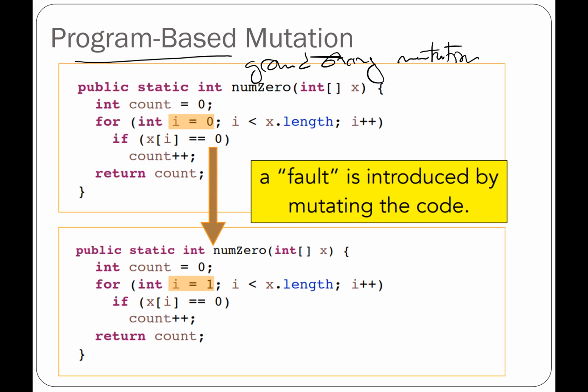But if the issue that would have exposed that fault is related to the first cell, then the output would have been different, okay? And it's the producing of the different outputs is what we're looking for, okay?